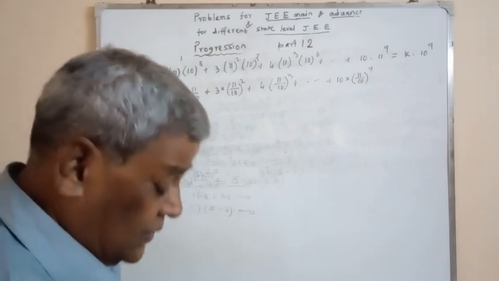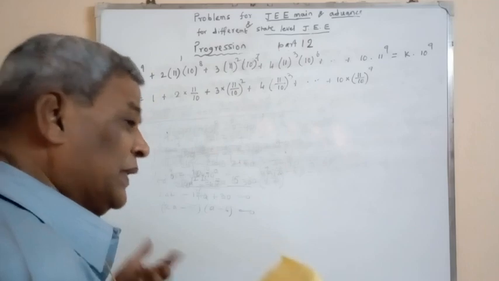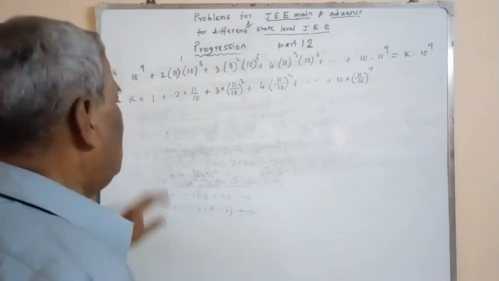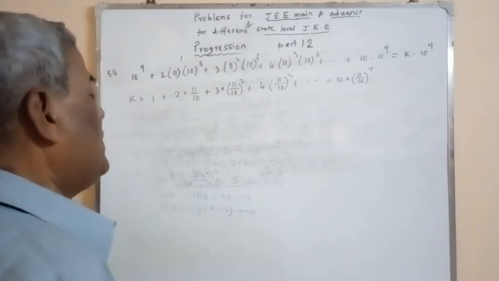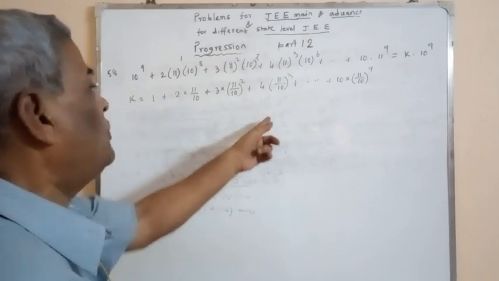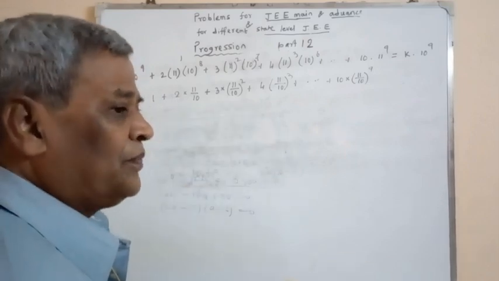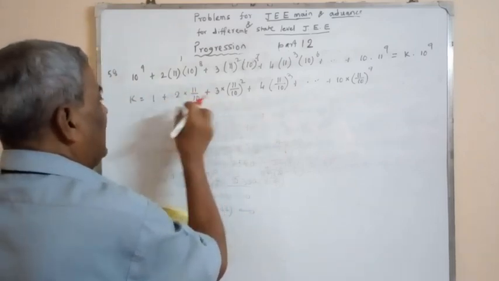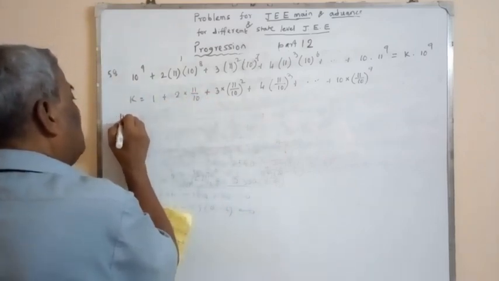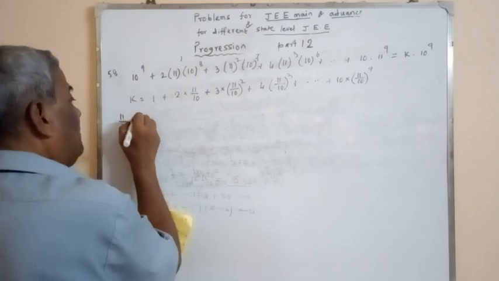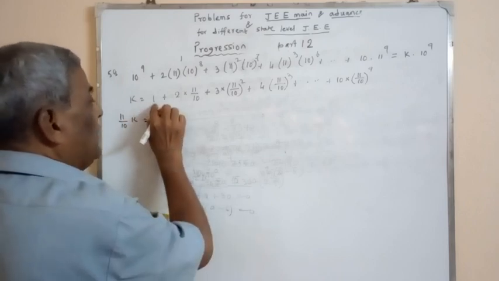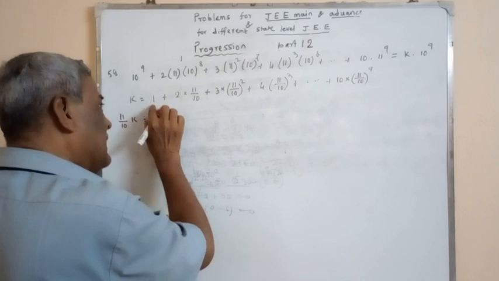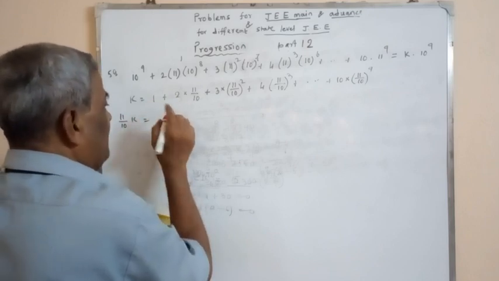And the method to calculate the sum of an AP-GP series is to multiply throughout by the common ratio of the GP, that is 11 by 10. So 11 by 10 into k is equal to 1 into 11 by 10, and I write it by shifting one step.